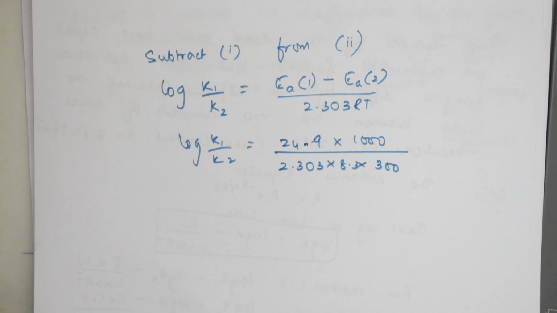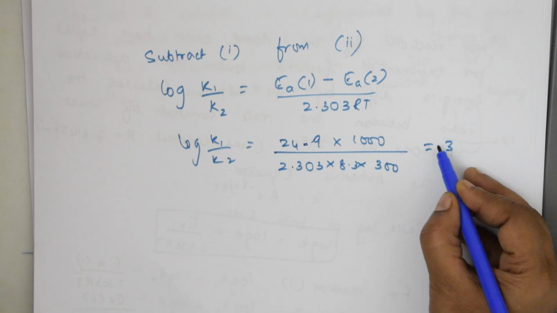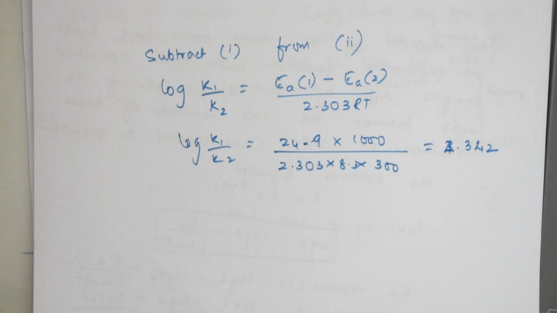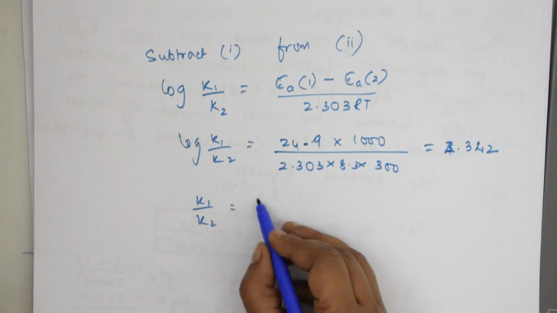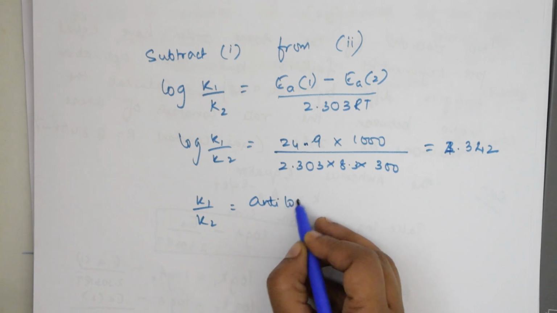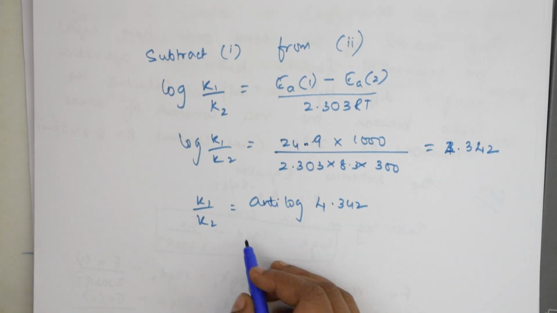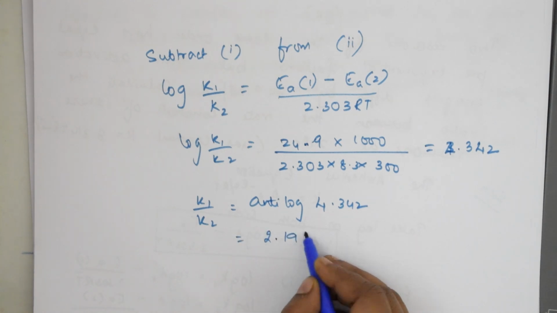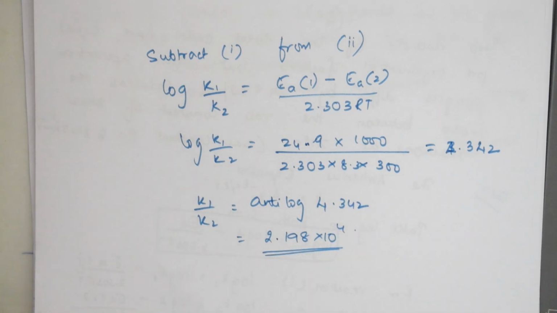So when I solve this, I get an answer of 4.342. Now log K1 by K2 is equal to this, so this becomes antilog 4.342. When I solve this, I get an answer of 2.198 into 10 raised to the 4. This is a ratio. This is what they have asked us.